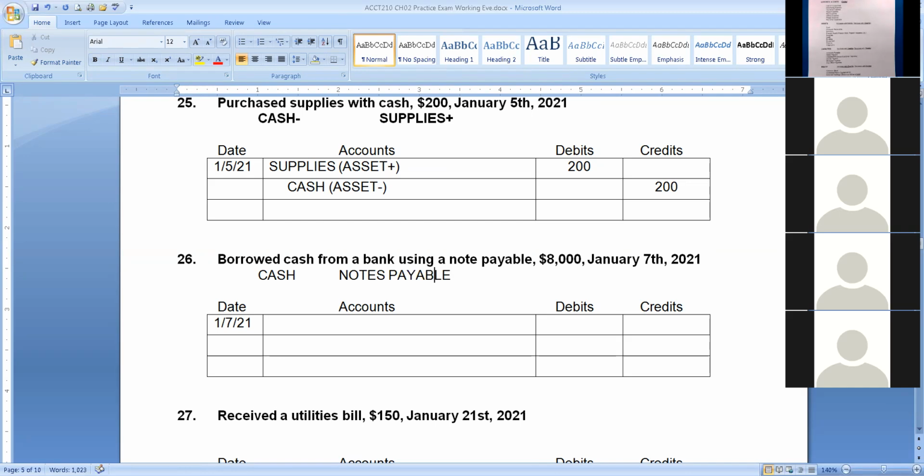What's the difference between an account and a note? Not much. For us, a note payable is kind of like a post-dated check. The only difference is some notes payable will sometimes have interest attached to them. It's a promise to pay somebody, a legal document that you must pay.